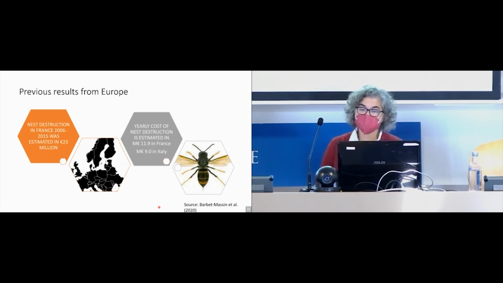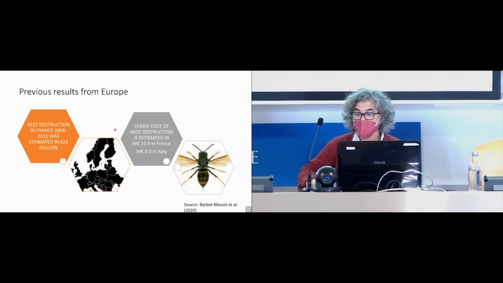Other results from Europe, for example, from the study made by Barbet Massin, published in 2020, shows that nest destruction in France between 2006 and 2015 was estimated at 23 million euros.